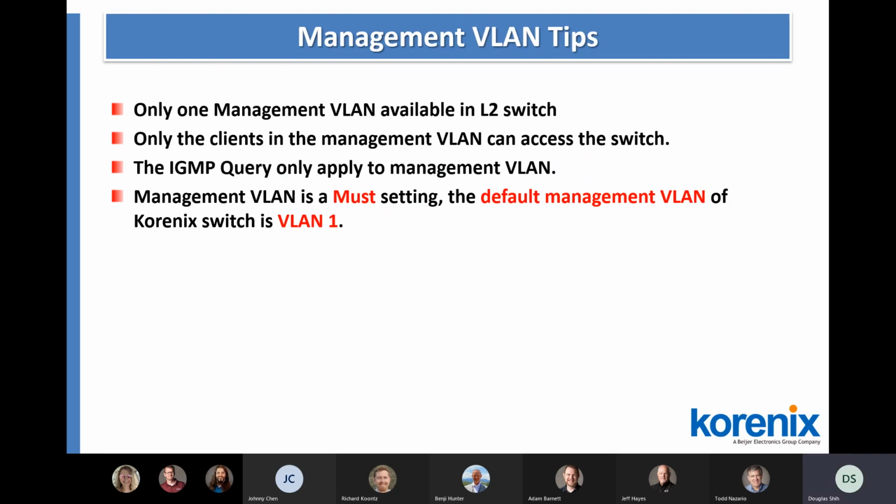Okay, for the management VLAN, do you have any questions? What is the network that VLAN 1 is assigned to? Sorry, can you repeat again? What is the IP address or the network address that is assigned to VLAN 1 by default?